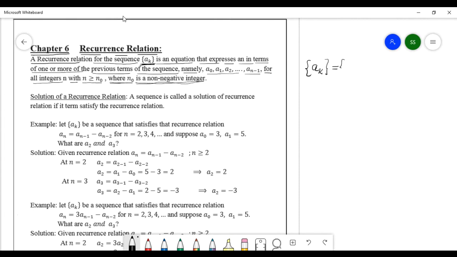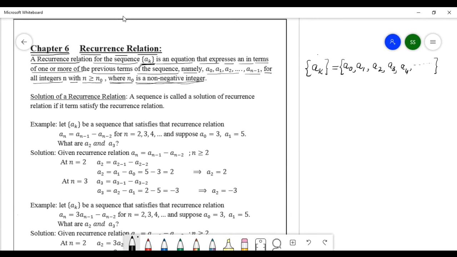If you take k equal to 0, start from 0, then this will be a_0. k equal to 1, then this will be a_1. k equal to 2, then a_2, a_3, a_4, like that, and so on. a_0, a_1, a_2, a_3, a_4, a_5, a_6, these are called the terms of the sequence.